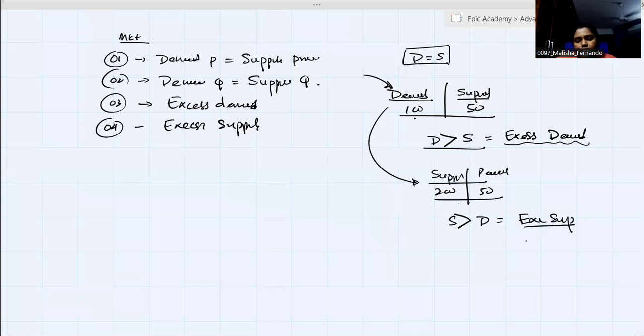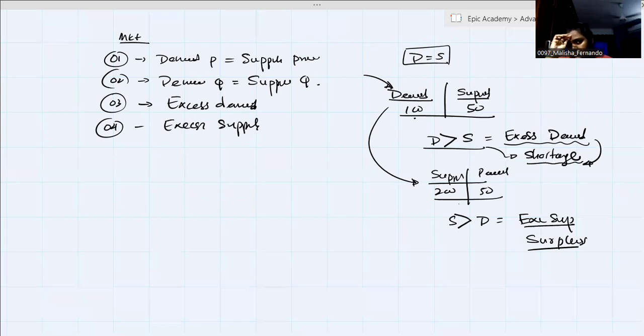We call it a surplus situation. In here, this is not a shortage. If any question describes a shortage situation, you have to identify this is excess demand. If any question describes a surplus situation, then in this position the supply amount takes a greater value than the demand quantity.